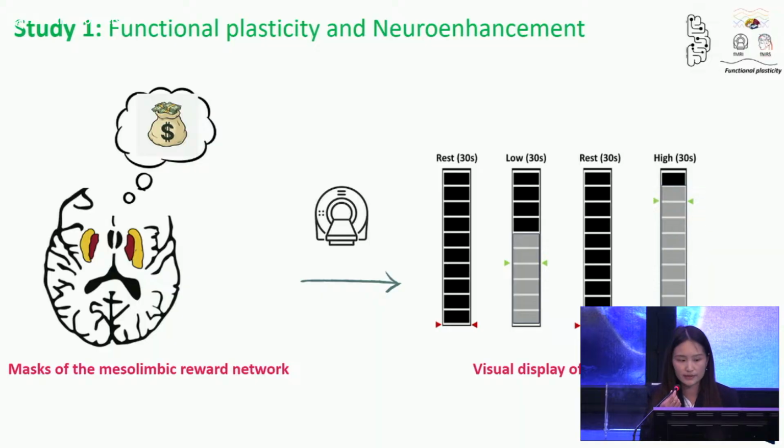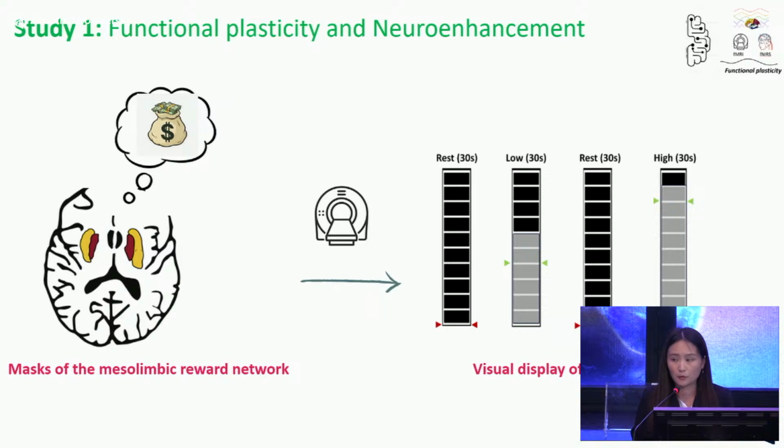In the first two studies, we want to explore the robustness of neurofeedback training on cortical and subcortical regions. In the first study, we want to know if healthy participants can learn to upregulate mesolimbic network activity. At first, we use a monetary incentive delay task to identify our region of interest for the subsequent neurofeedback training. Participants then received 3 sessions of neurofeedback training in 3 weeks.